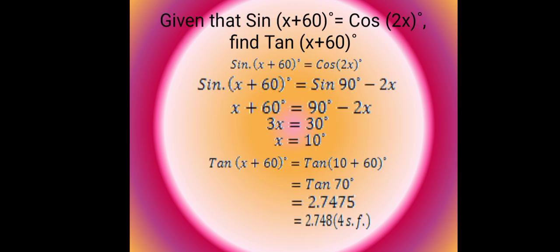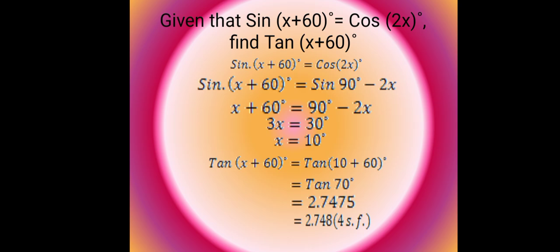Given that sine of x plus 60 is equal to cos 2x, find tan of x plus 60. Now we know that sine of x plus 60, if it is equal to cos 2x, then it is equal to sine of 90 degrees minus 2x.